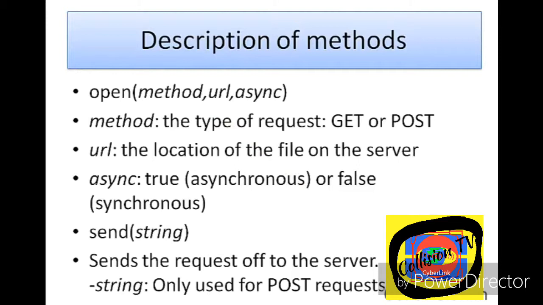In the case of a server-side language script like PHP or ASP.NET, we can also append parameters to the URL. The third parameter is asynchronous, which is by default true. We can also set it synchronous, but then our entire application will freeze and the multi-threaded behavior will not be achieved.